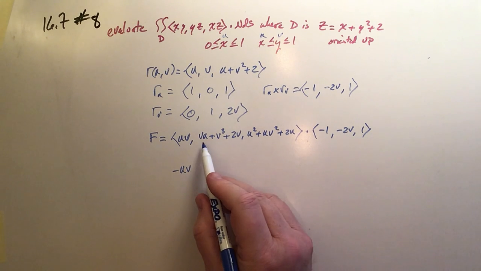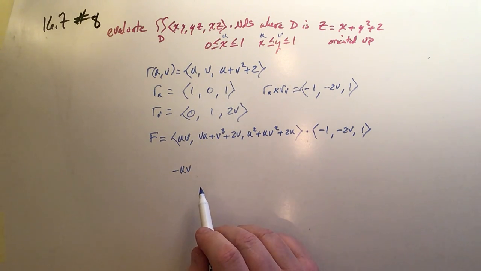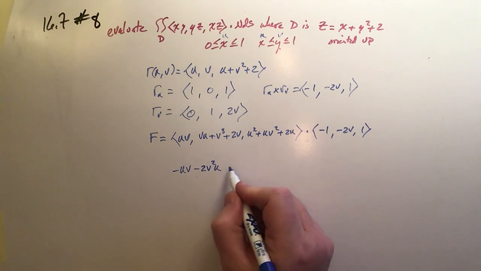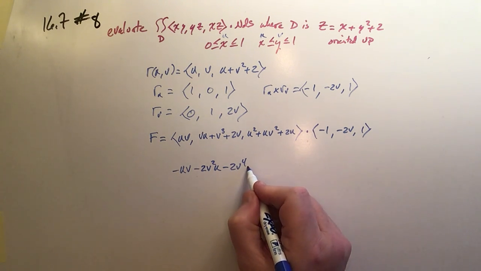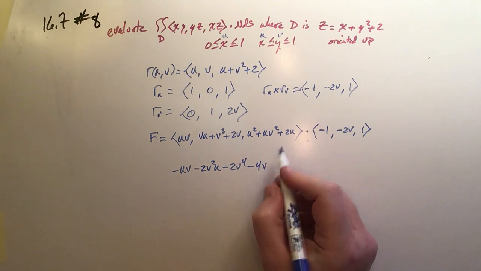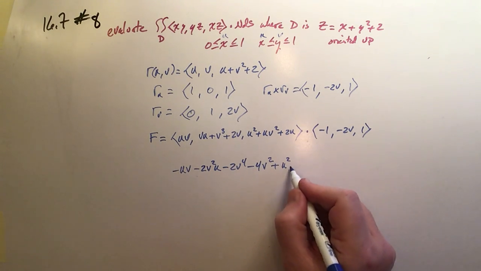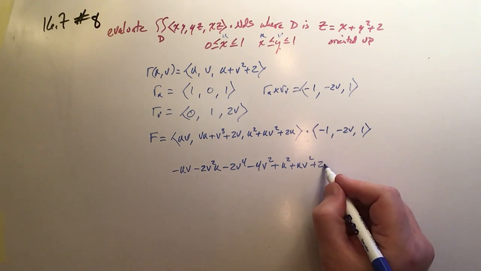It's -2v times all of this middle part, so that is -2v squared u, -2v to the 4th, and -4v squared, and then 1 times all this, plus u squared plus uv squared plus 2u.